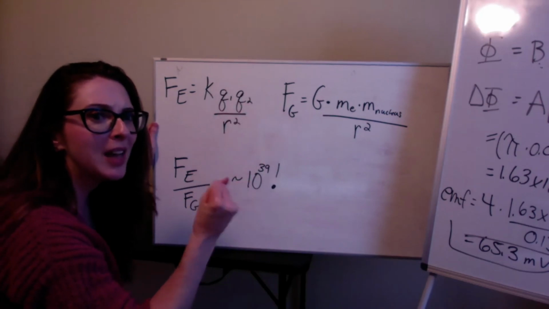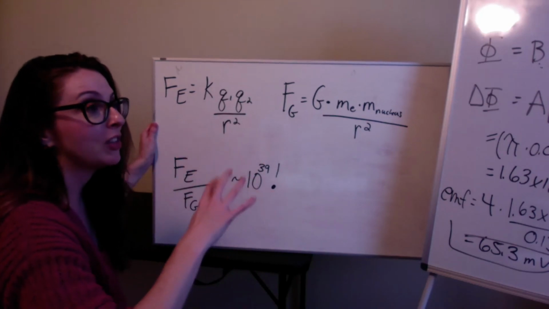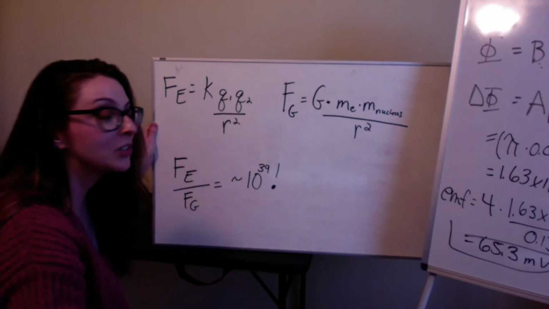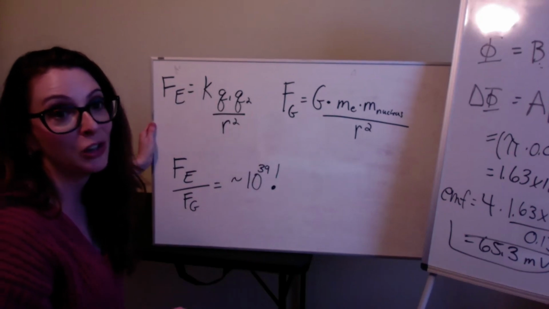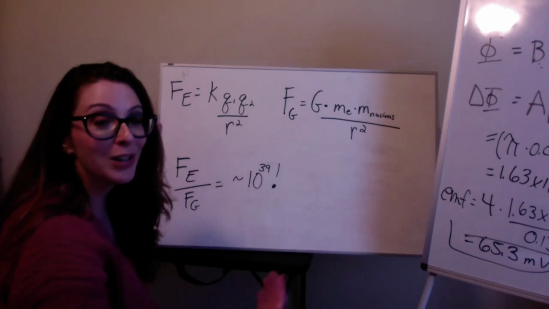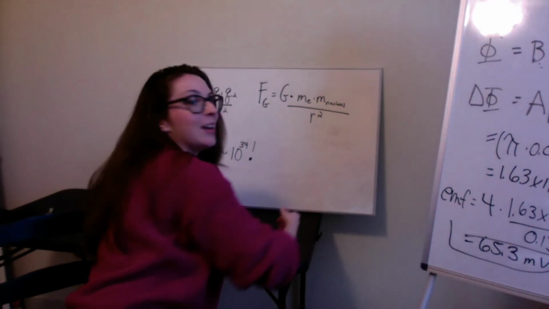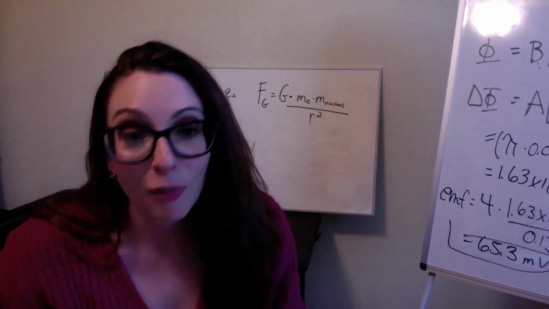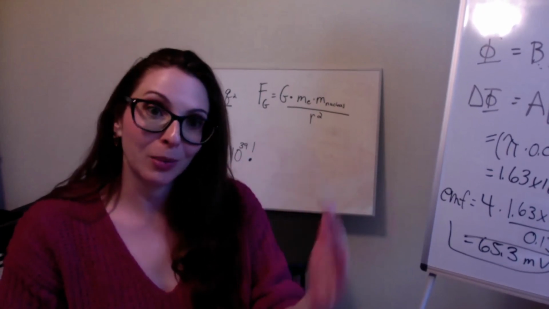So on these very tiny scales, on these microscopic scales, on the scales of the smallest, most fundamental particles in our universe, the electrostatic force is dominating compared to the gravitational force. And when we think about our universe as a whole, the gravitational force between large bodies is always much greater than the electrostatic force between those bodies. And so this is an exercise to compare those.